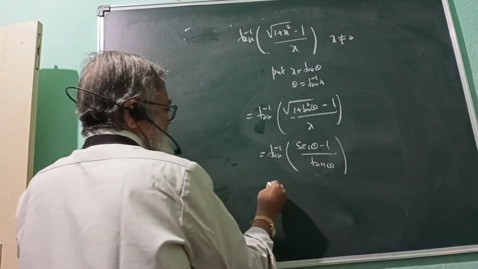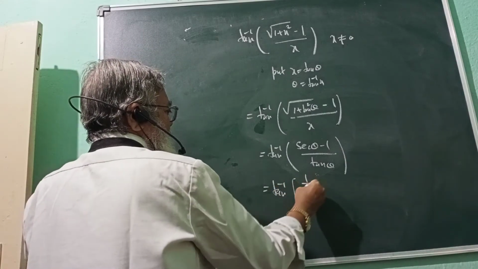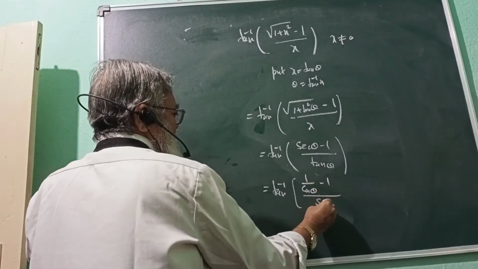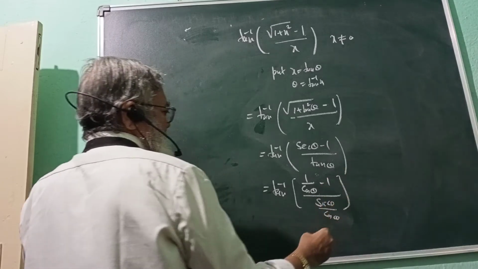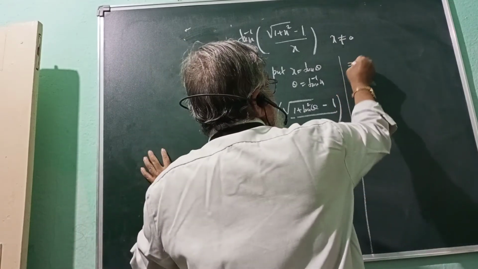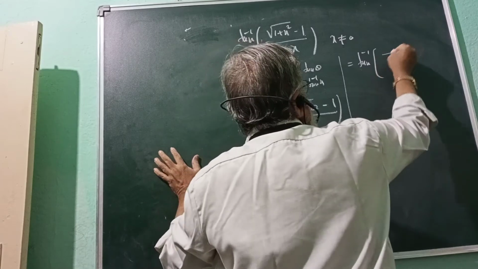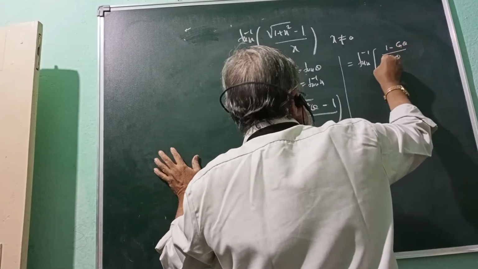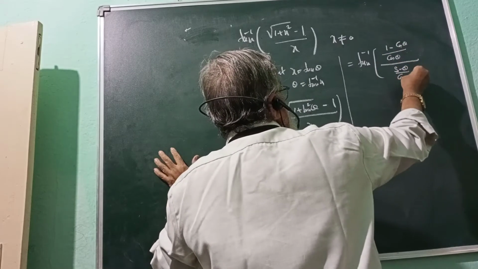Now we write it as tan inverse of sec, which can be written as 1 by cos, minus 1 by tan, and tan can be written as sin by cos. That is, we take the LCM. Tan inverse of cos theta is the LCM, 1 minus cos theta divided by sin theta by cos theta.